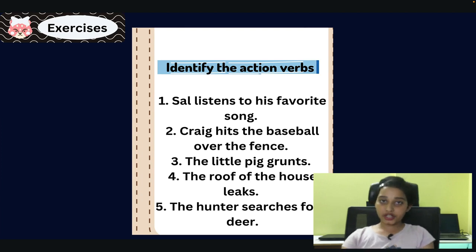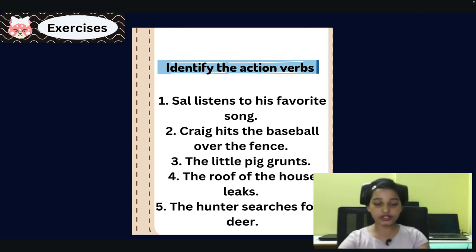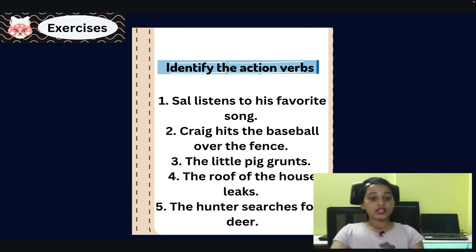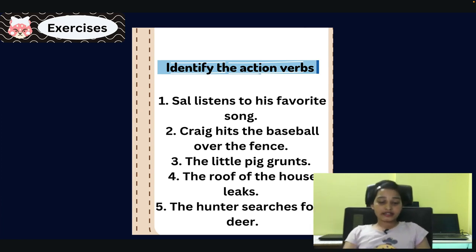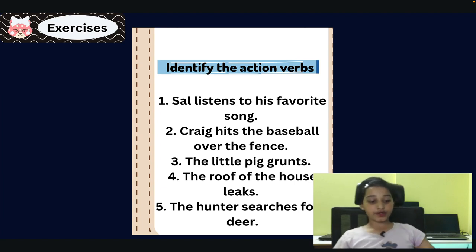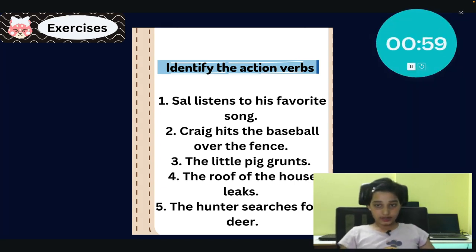You have to first identify the action verbs. Then I'll give you the answers and let's see whether you do it correctly. I'll explain some of them and help clarify. So let's start. You can pause the video. I will give you 1 minute to do it.